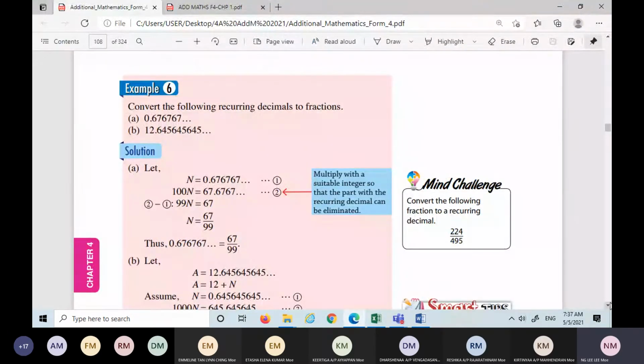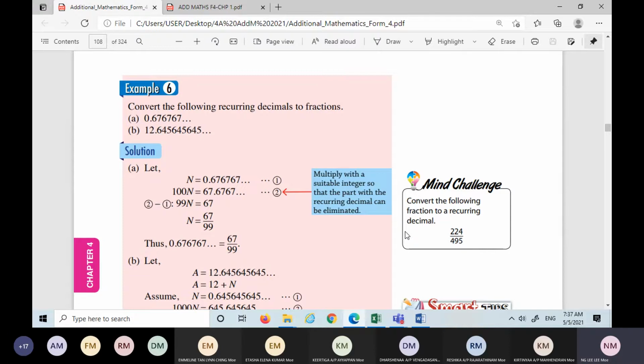Convert the following recurring decimals to fractions. Now we are in chapter 4. You are going to learn this again in the topic of progressions, under geometric progressions, where you use another method to get the answer.